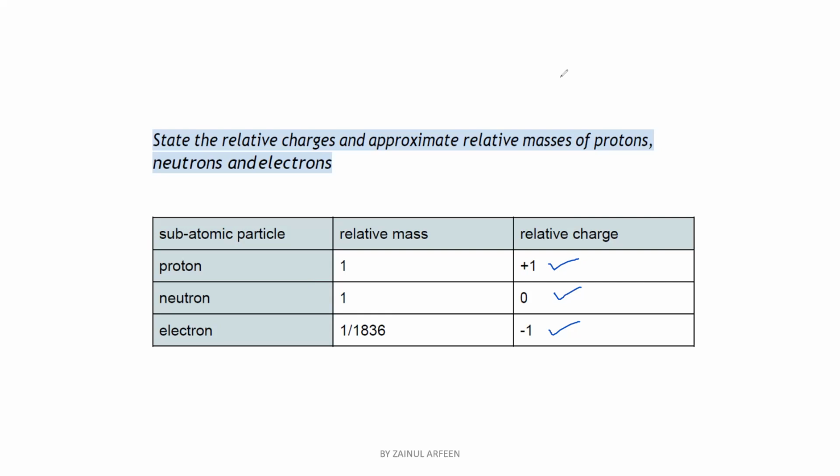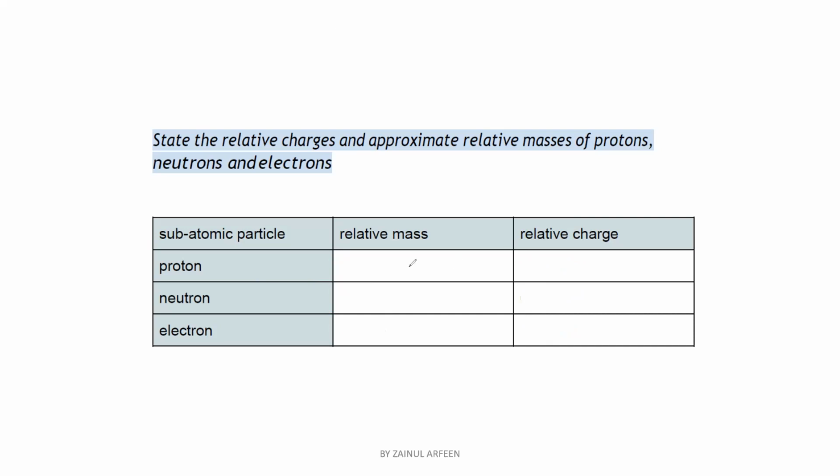So in the exam, you will find how they give this question. They normally give you the table and ask you to complete the table. That is the main thing they ask, for relative mass and relative charge. So how do we complete this table? For proton, what will we write?